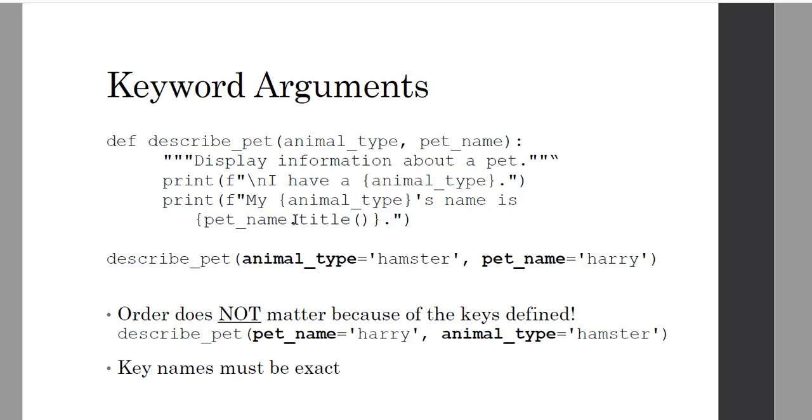So we're going to adjust describePet function call to have the label of the key animal type, and it has to match what's up in the parameter list, and here we have pet name as well. So again, order does not matter because of the keys defined, but those key names must be exact.